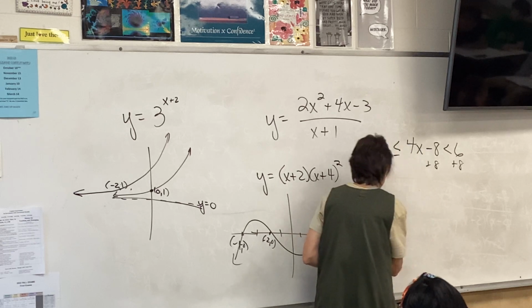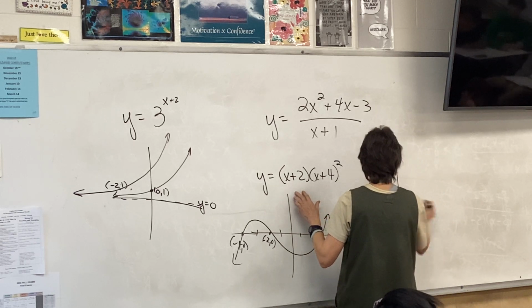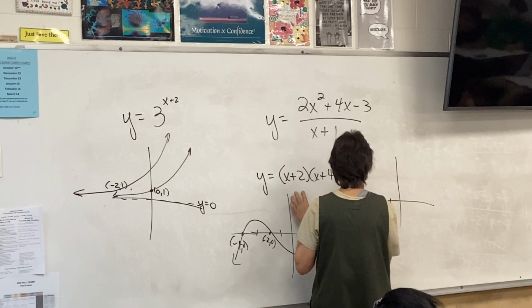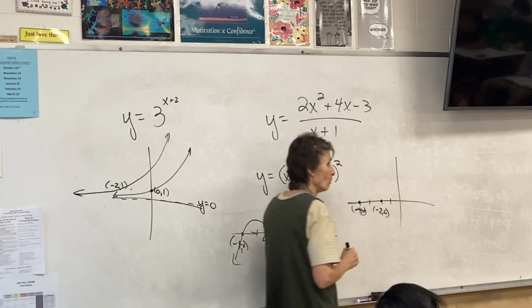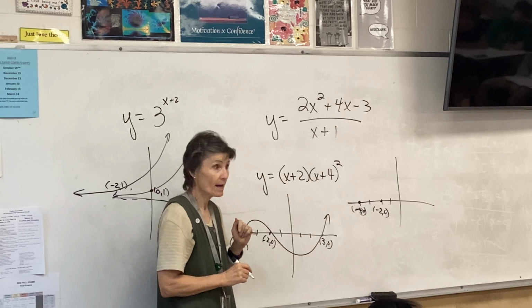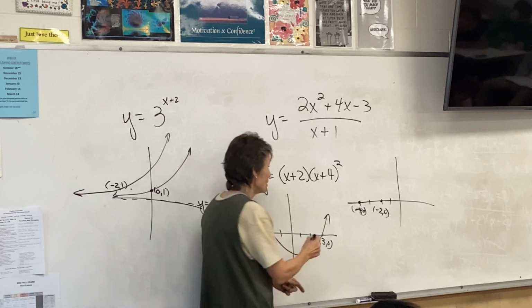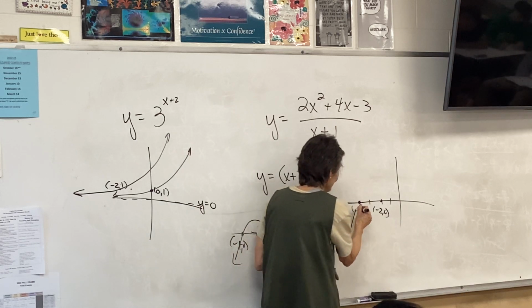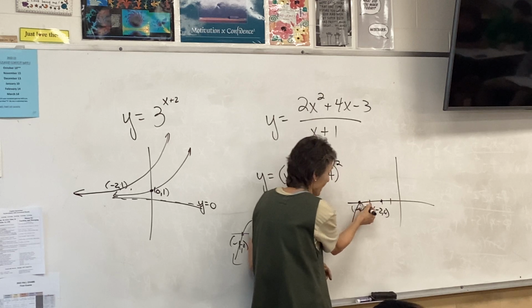Well, now my intercepts are at -2 and -4. But now, when I say, are there any bounces, you say, yes, it bounces at -4. So it comes up from the bottom, just touches and bounces off.